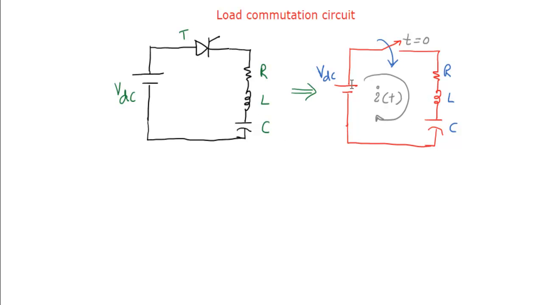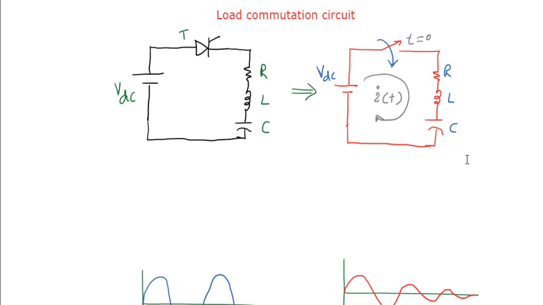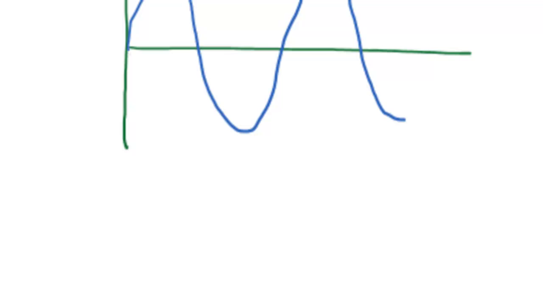The current waveform in this circuit depends on the damping of the system. In general, we have four different types of damping, which mostly depend on the resistance value. We'll discuss to some extent what exactly is required.